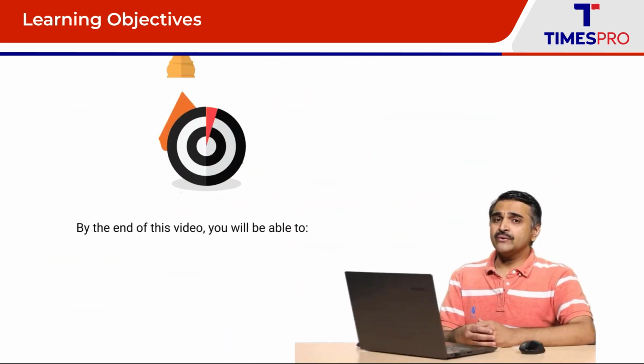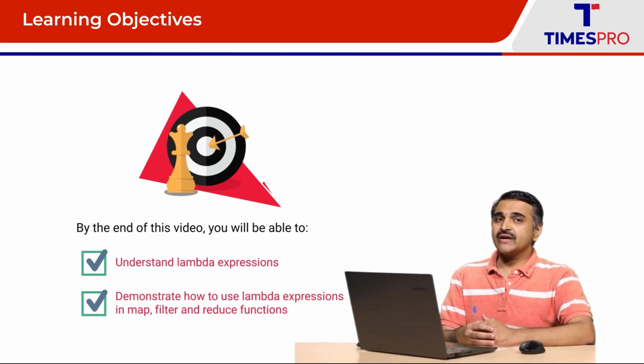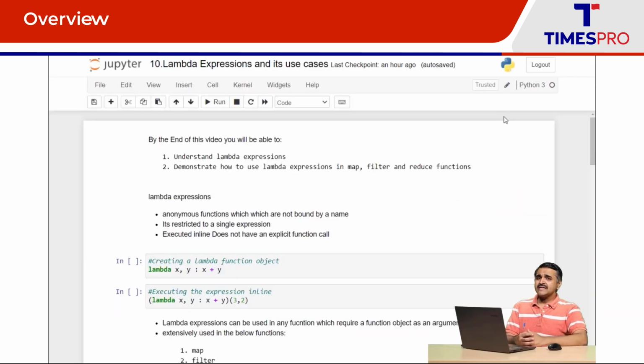By the end of this video, you will be able to understand Lambda expressions, and demonstrate how to use Lambda expressions in map, filter, and reduce functions. Lambda expressions are anonymous functions which are not bound by any name. It's restricted to a single expression.